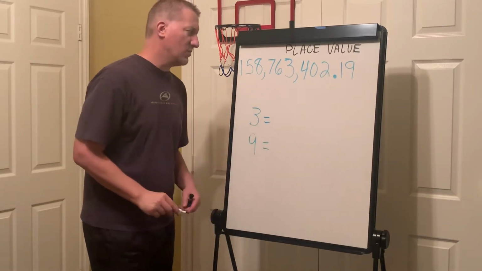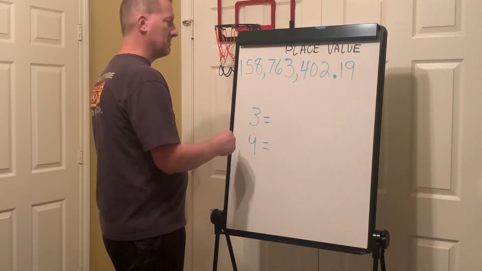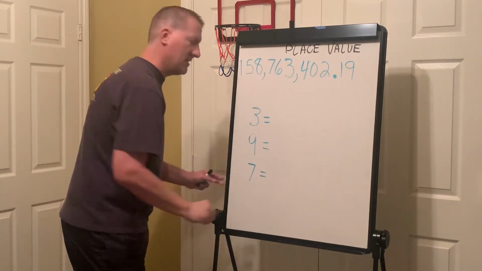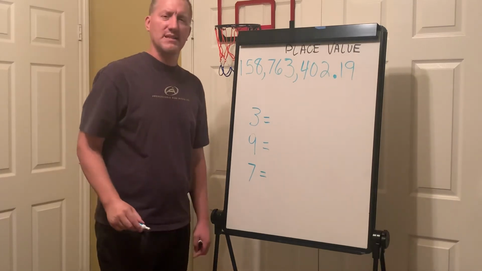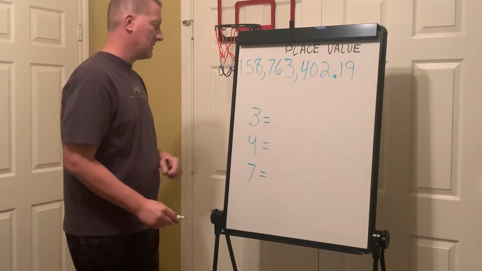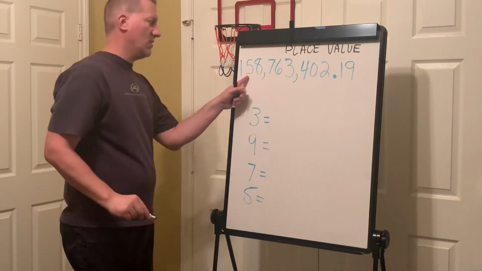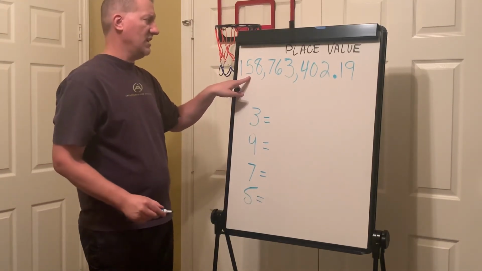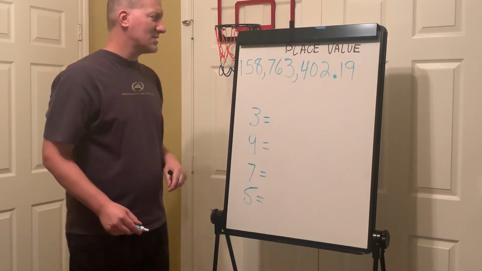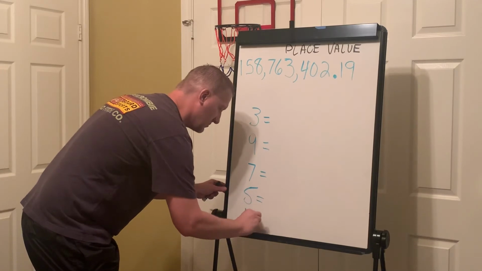The 9 is what place value? All right, how about the 7? The 7 is what place value? Okay, how about the 5? The 5 is what place value? This 5 right here is what place value? And then the last one, let's go with the 4. The 4 is what place value?